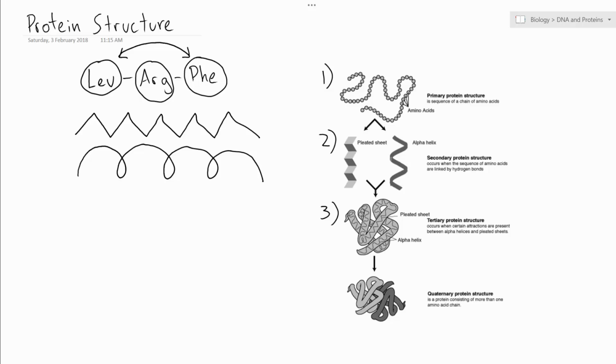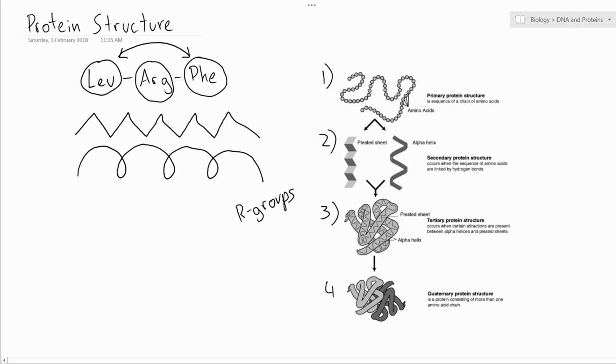So there are particular side chains of amino acids, which we can call R groups, that will start to form attractions between other groups, and this is what gives us a more complex structure. So a big worm shape starts to twist and turn and combine in a more complex manner.